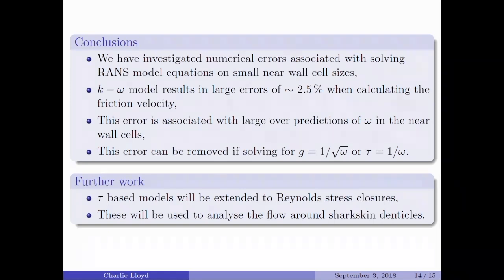I found that the k-omega model, which would typically be used for these kinds of flows, results in very large errors in the friction velocity, which can be removed if you solve for either g or tau instead. In terms of further work, I'll be extending these to Reynolds stress closures and then returning to the shark skin problems, hopefully getting some predictions of those geometries. So thanks for listening.